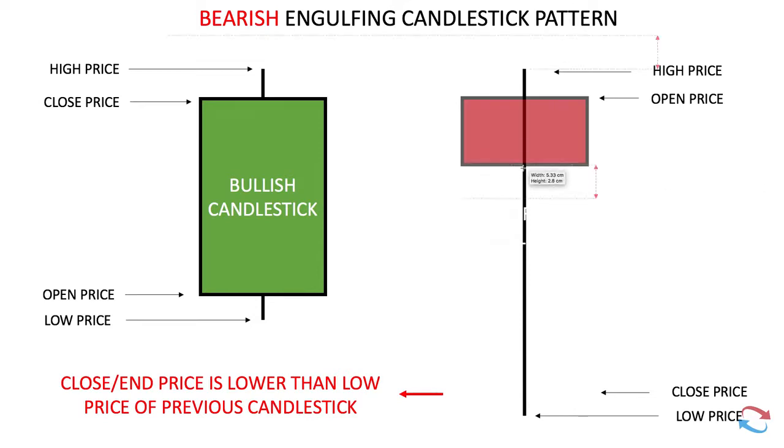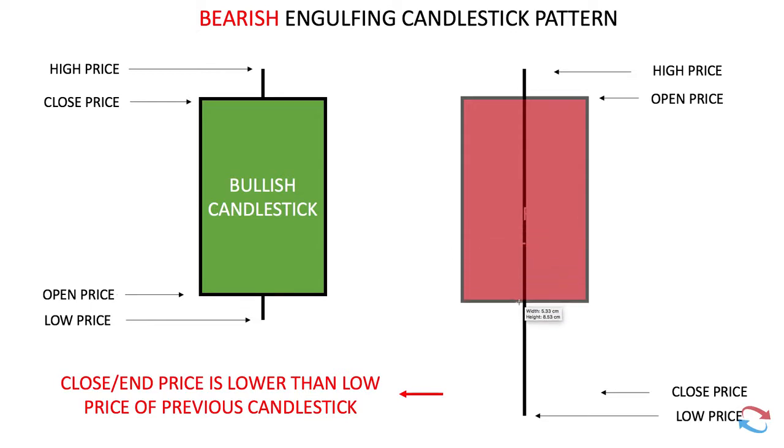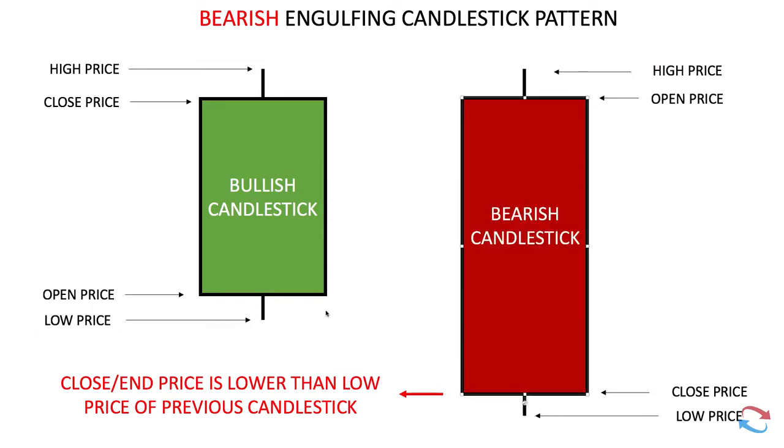So supply has entered the market, the sellers have come in and they're pushing price lower and lower, so low in fact that it goes past the previous candlestick's low and keeps going and closes anywhere below the candlestick low.